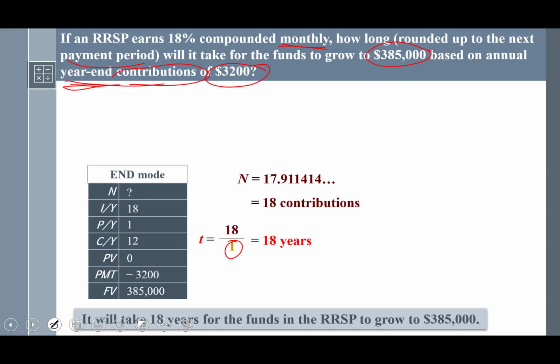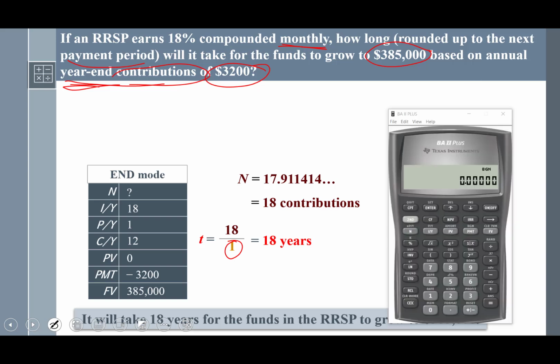Let's bring the calculator and see how we enter these values and get the same result. So make sure to set the calculator to end. You can see here it's set to begin, so we're going to press second, PMT, then second, set, then second, quit. Interest rate is 18. Sorry, PY is 1, so we have to go to PY, enter it as 1.